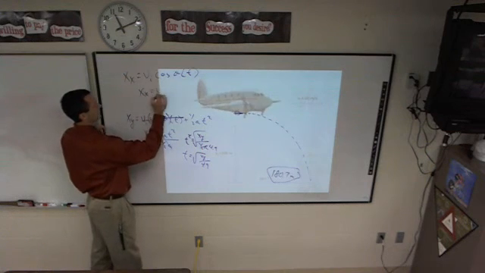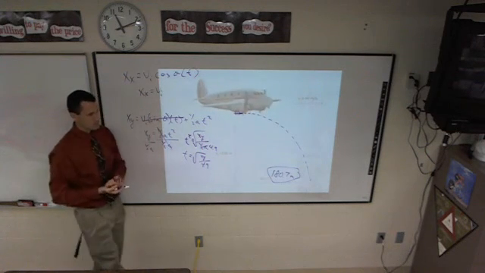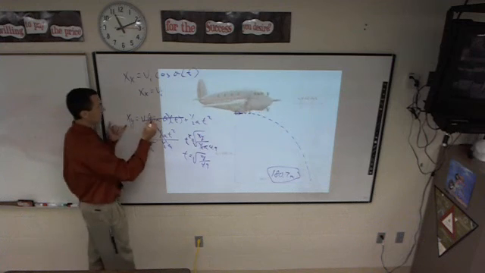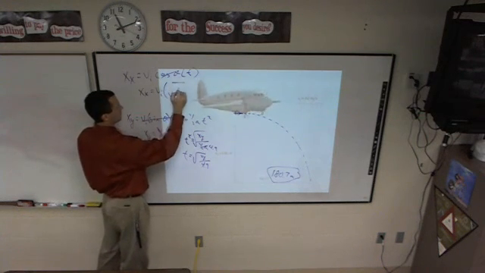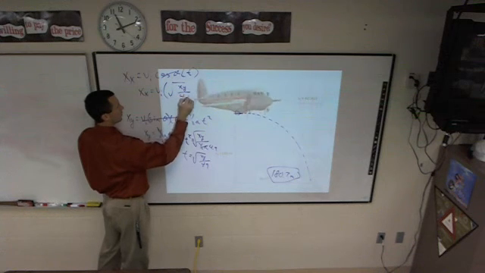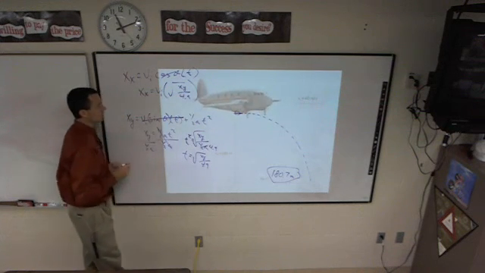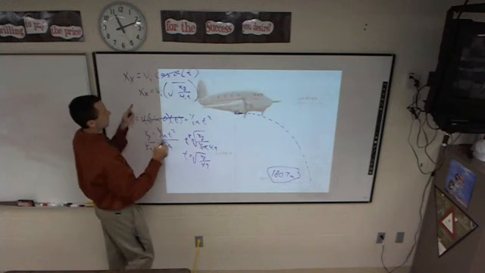X of x equals vi. The cosine of 0 is 1, so we don't need that. It gets rid of that. Times the square root of x of y over 4.9. Let's put our numbers into it.